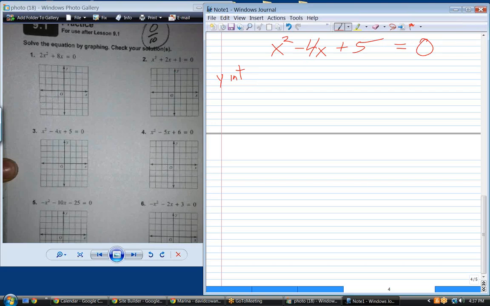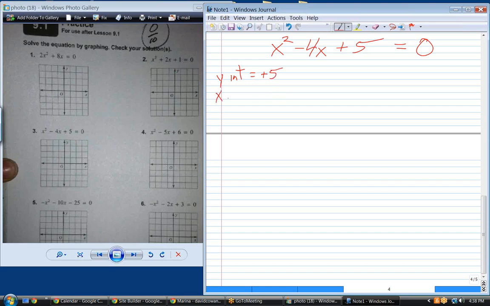The reason the y-intercept is the easiest one to solve for is that when I stick 0 in for x, this term disappears and so does this, and you only have what's left. So there's not a lot of math to really do in order to come up with the y-intercept. So that's at plus 5.